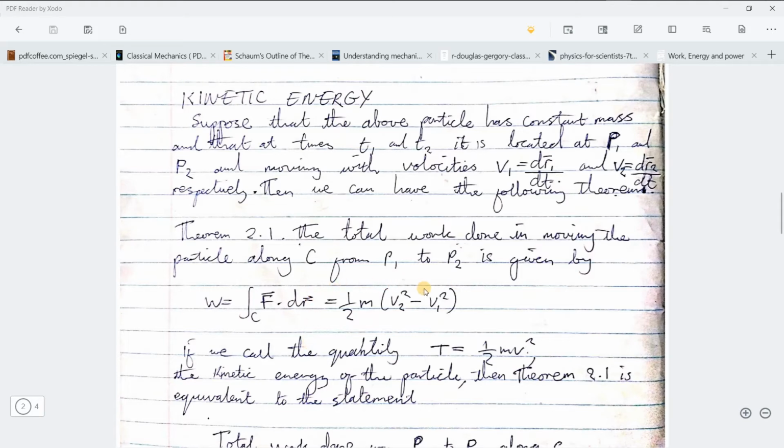Okay, so this is just the change in kinetic energy. Here we're just saying that work done is also equal to the change in kinetic energy.